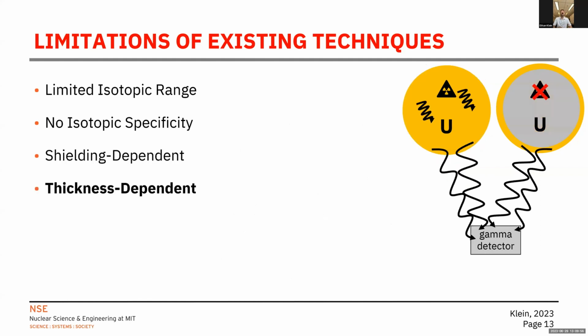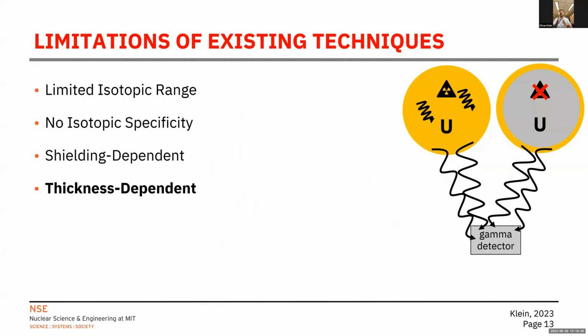And the fourth limitation of a lot of these existing techniques is that those low energy gammas, for example from uranium, that are emitted from the inside of your uranium sample, if it's a sufficiently thick target, are never going to escape the material itself. And so the measurements you're doing with the gamma detector really are only probing the external shell of that uranium material.